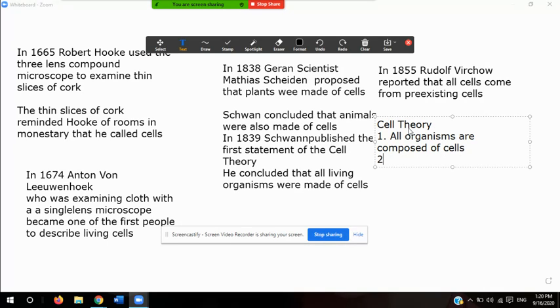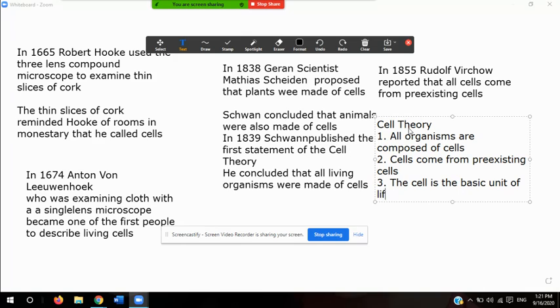Number 2, cells come from pre-existing cells. And 3, the cell is the basic unit of life. So those are the three main conclusions of the cell theory. All organisms are composed of cells, cells come from pre-existing cells, and the cell is the basic unit of life.